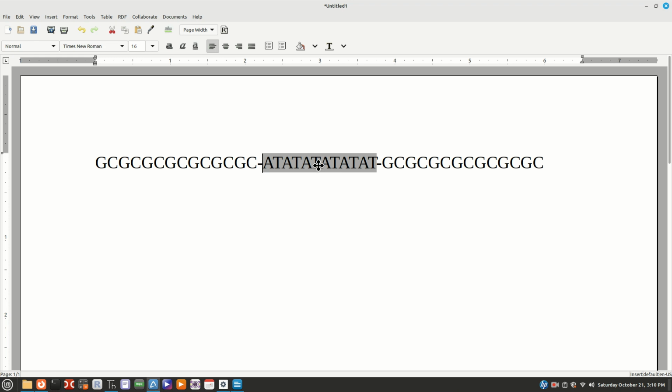So 6 is half, so if you had 7 ATs here, you would consider that high AT. And the same over here, this one's the same as this one, so 7 is half. So if you have 8 or 9 over here, G's or C's, then you would consider this one high GC content. It doesn't take much.